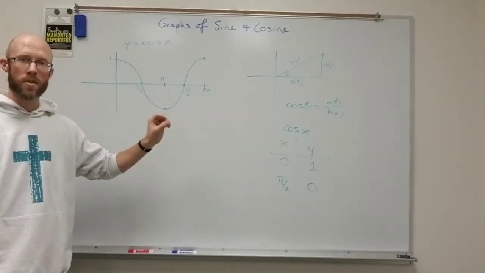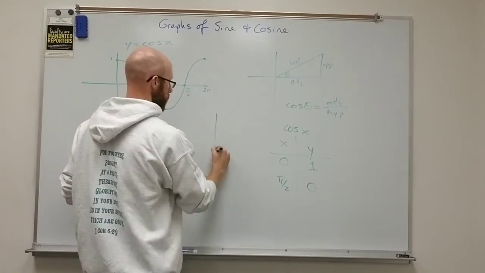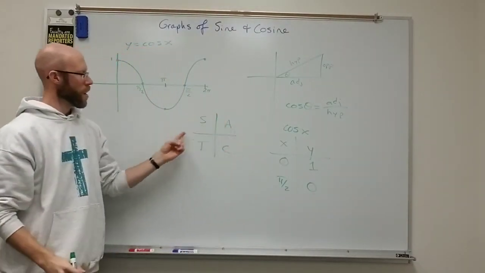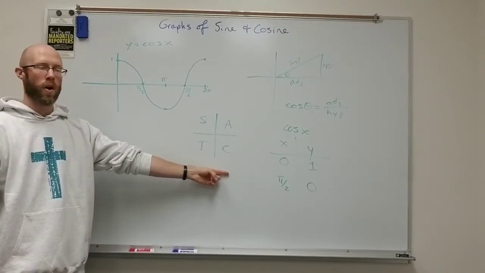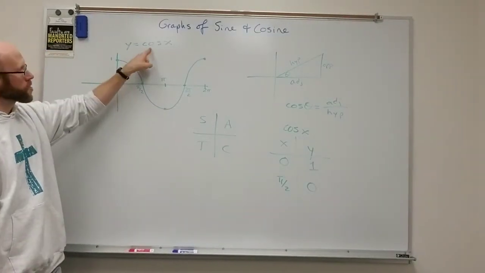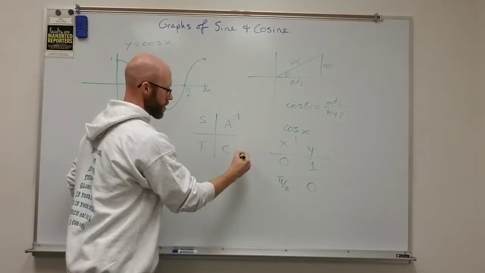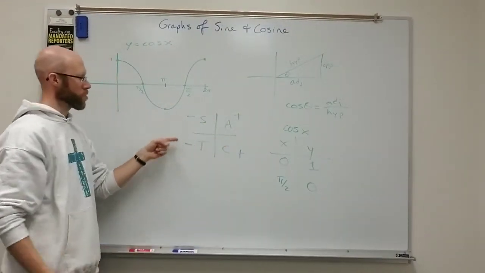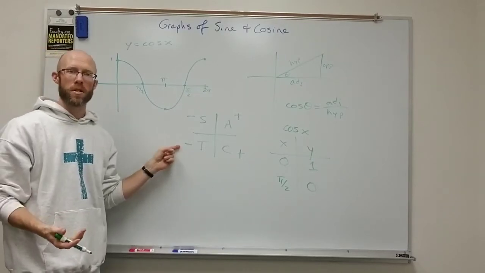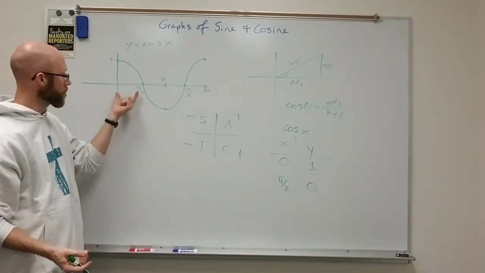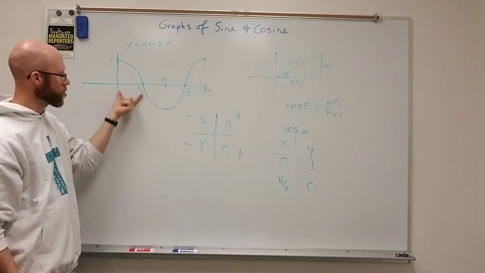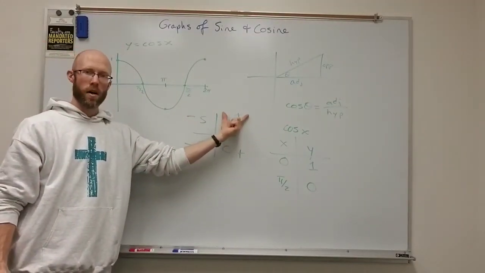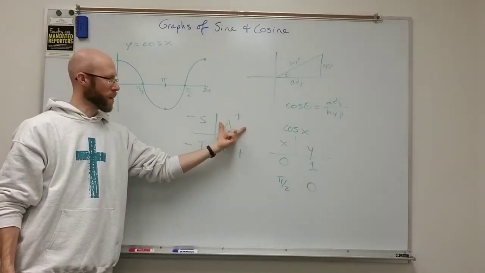What's interesting is that with your quadrants, all students take calculus, the cosine is positive in 1 and 4, negative in 2 and 3. Well, remember we said that the quadrants are kind of laid out here. From 0 to pi over 2, you end up with values that would correspond to values in the first quadrant.